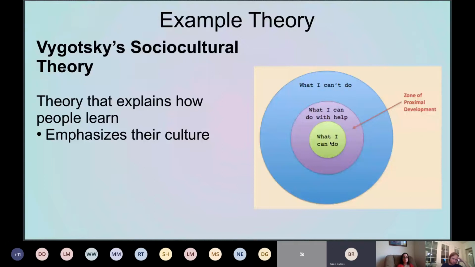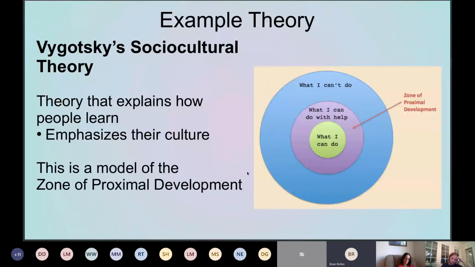It's used a lot in education, in training people. So there's this idea that you can do these things with the help of your social and cultural experiences. You might be able to do a little more with that direct support. And then even with that, you can't do some things. As you're learning, there's still some things that are out of your reach.